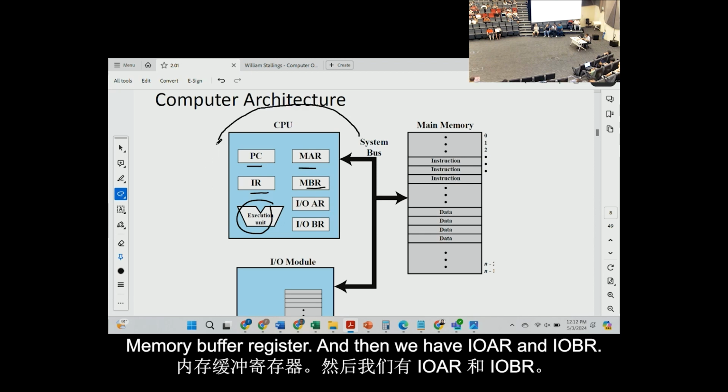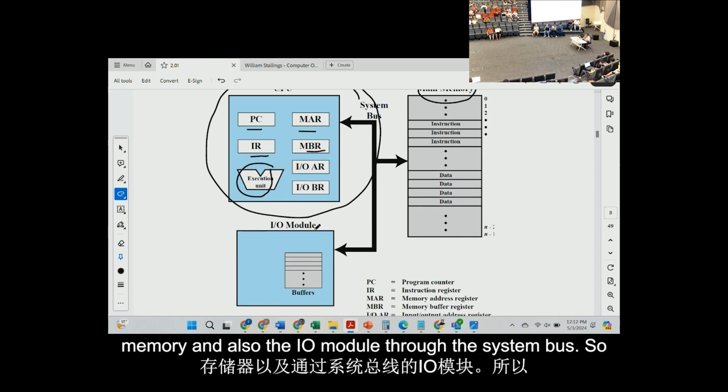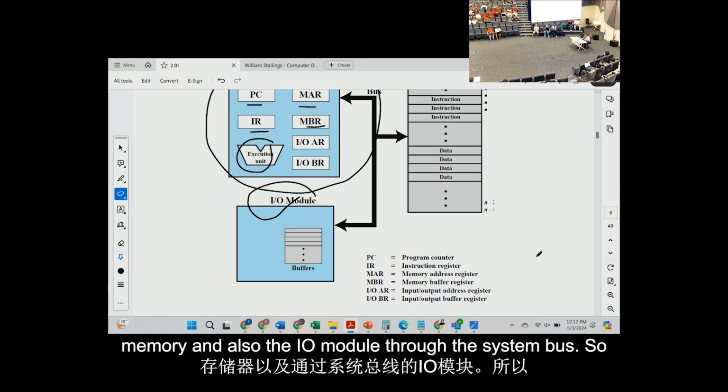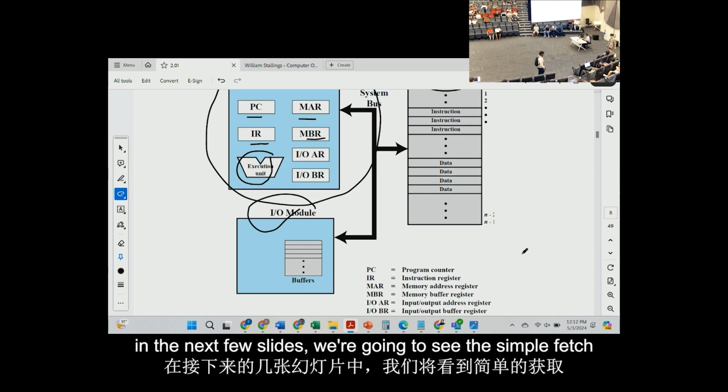The CPU is interconnected with the main memory and the I/O module through the system bus. IOAR stands for Input Output Address Register, and IOBR stands for Input Output Buffer Register.